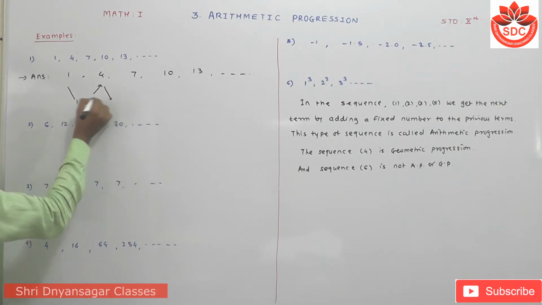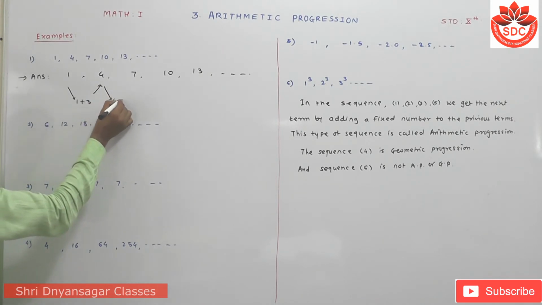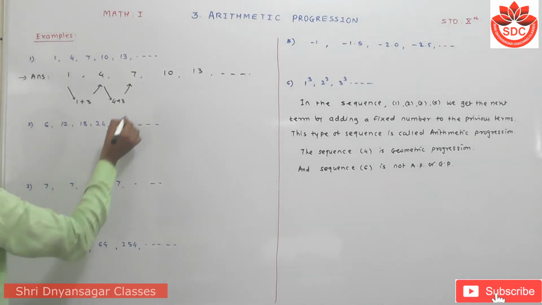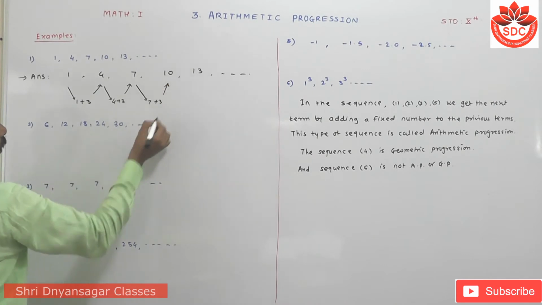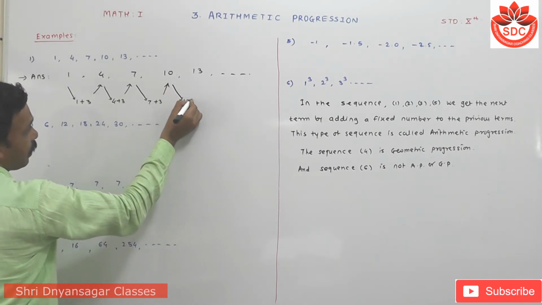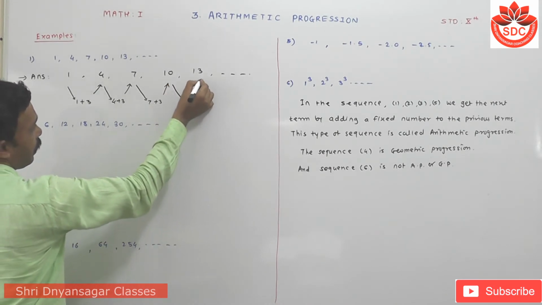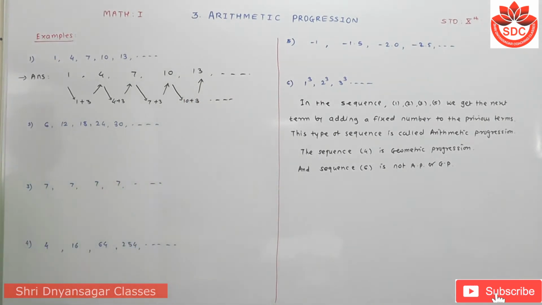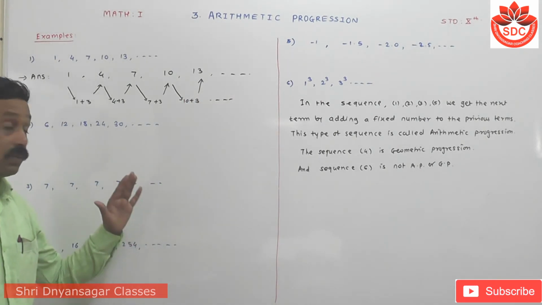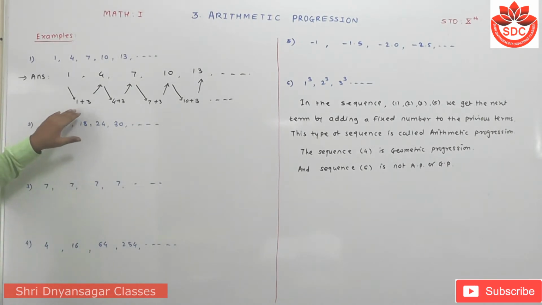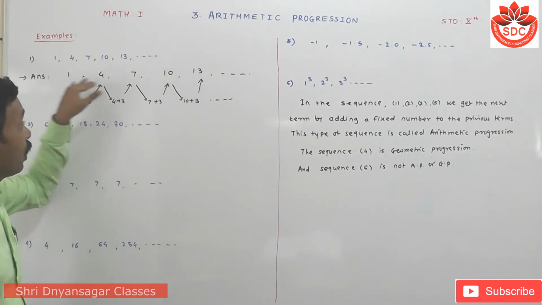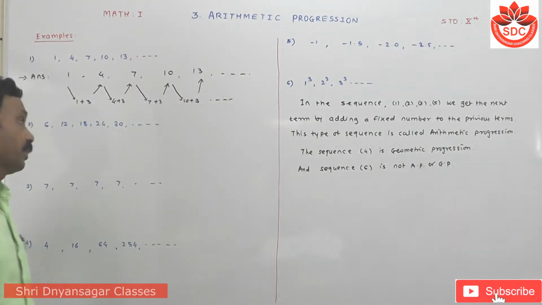Adding 3 to 4 gives 7. Adding 3 to 7 gives 10. Adding 3 to 10 gives 13. The next numbers are obtained by adding 3 to the previous number. This is the rule: we add 3 to each number to get the next number.